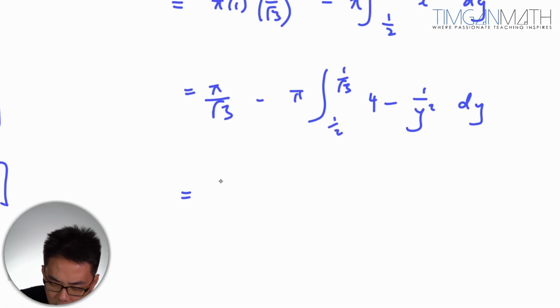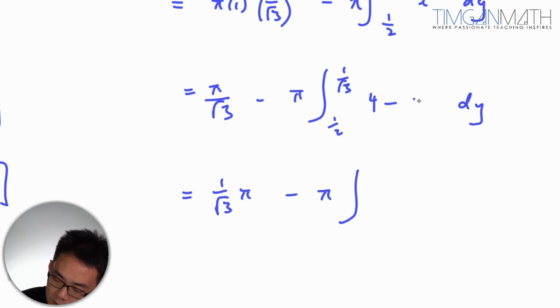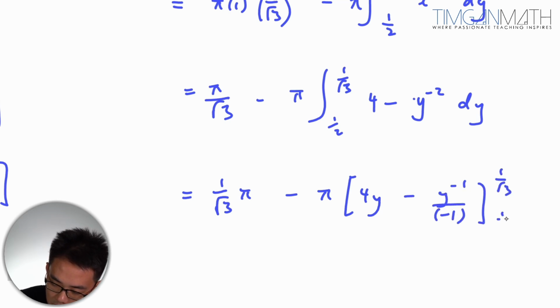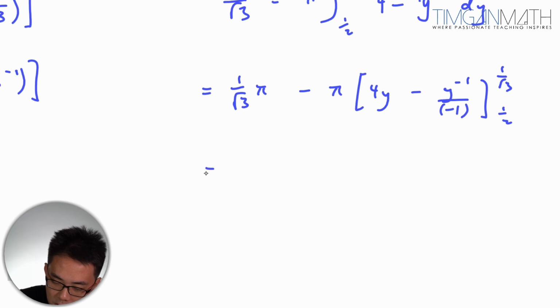So this shouldn't be a problem, I think. Integrate straight. This is 4y minus y to the power of -1. Okay, so this case here is done.